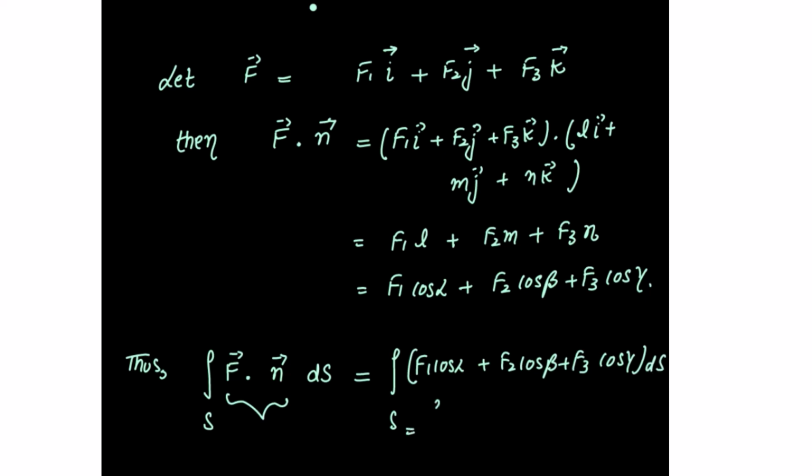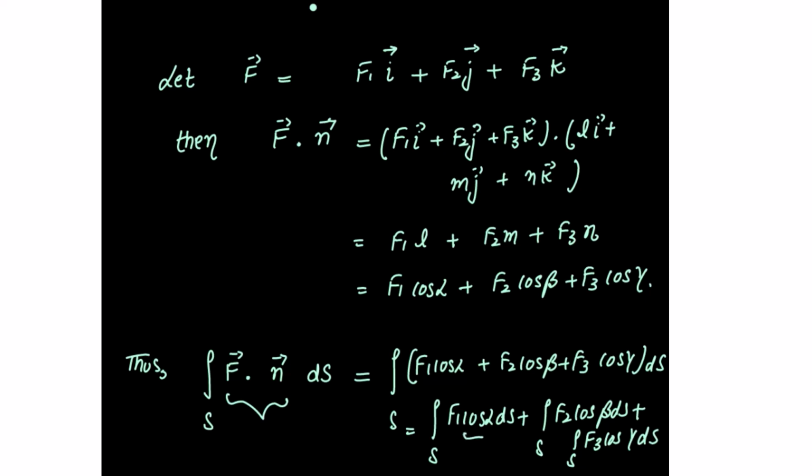That is equal to the integral over S of F1 cos alpha dS plus the integral over S of F2 cos beta dS plus the integral over S of F3 cos gamma dS.